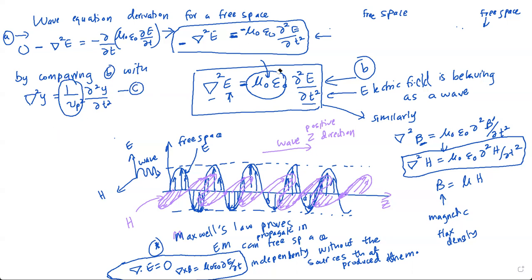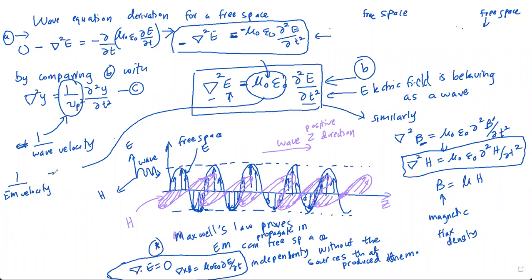I hope it is clear to you. I will mention again: in the classical wave equation, this parameter gives 1 over the velocity of the wave, right? So therefore, by similarity, this parameter in the wave equation should be 1 over the electromagnetic wave velocity, right? So that we can equate to mu naught epsilon naught, right?